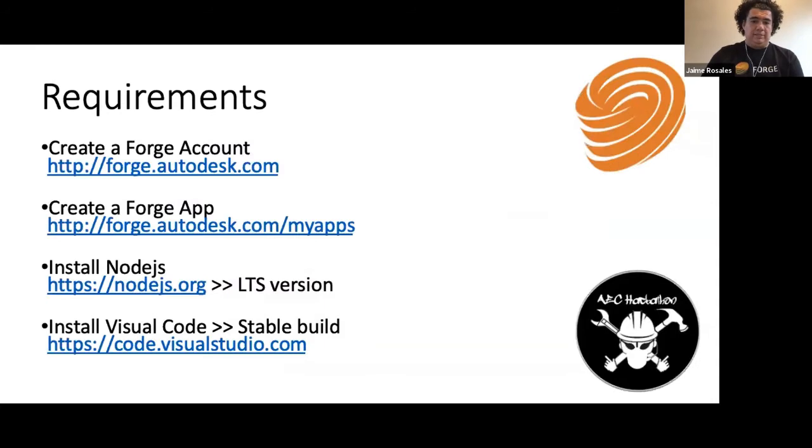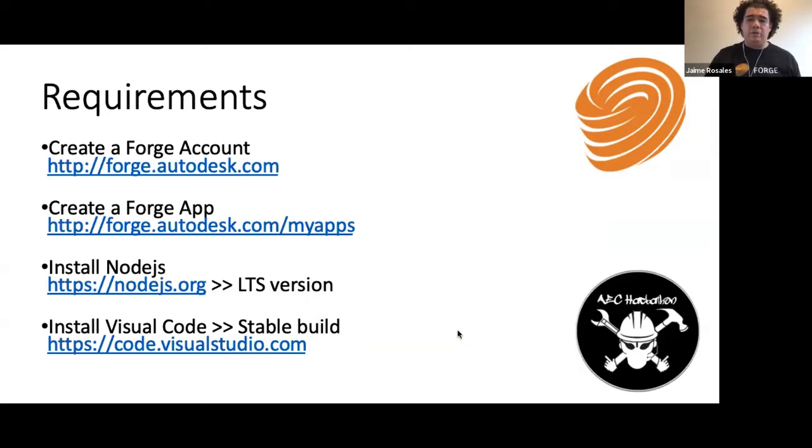So, as some of the requirements in order to get started, I will need you to go ahead and create a Forge account. So you will head over to forge.autodesk.com. Later on, we will create a Forge application.